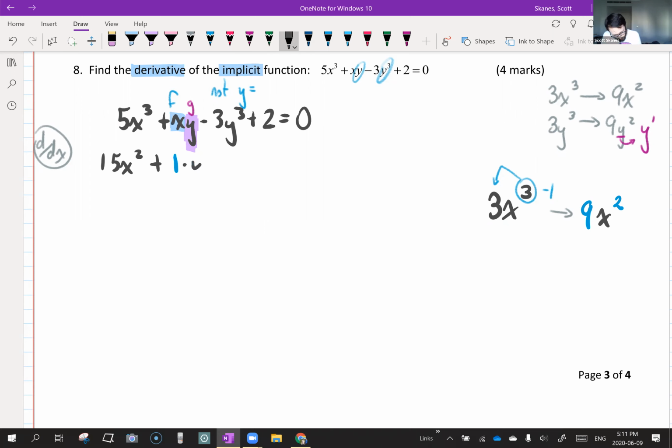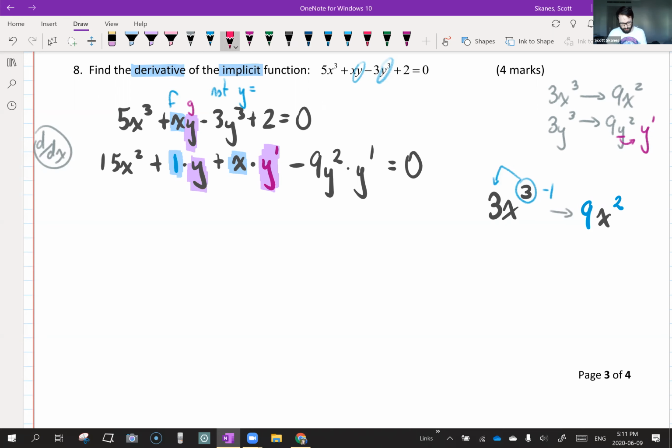The second one as it is, y, plus the first one as it is, times the derivative of the second one, y prime. So I'm clear here. First one, second one. Power rule, product rule. Minus, well, this has a y in it, so it's 3y squared times y prime equals 0. That's because this is a constant and this is a constant, so they get deleted. So Mohammed, you were right, except you needed to put a plus in the middle. But yeah, basic idea.